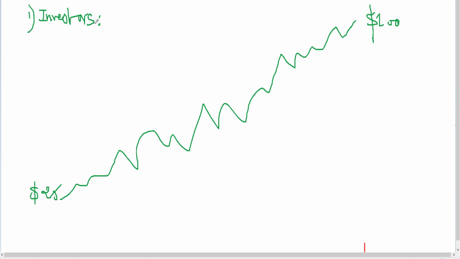Let's say an investor buys here at 28, just an example. When he buys, he will not sell the next day or next week or next month. He will stay 1 or 2 or 3 years to see where his investment is going.